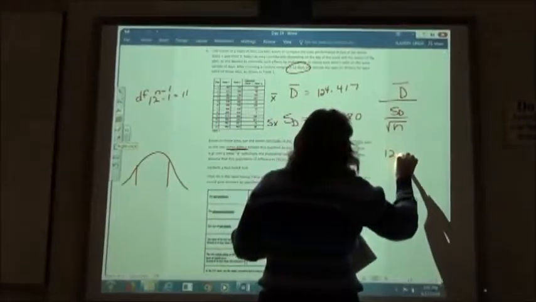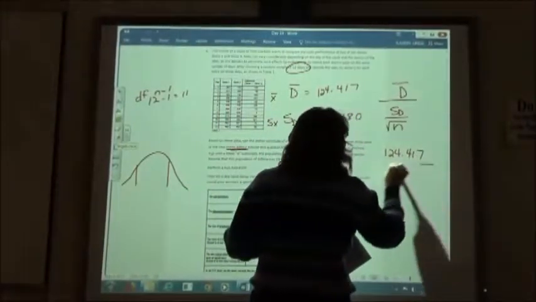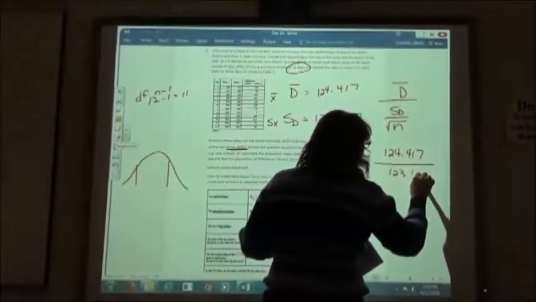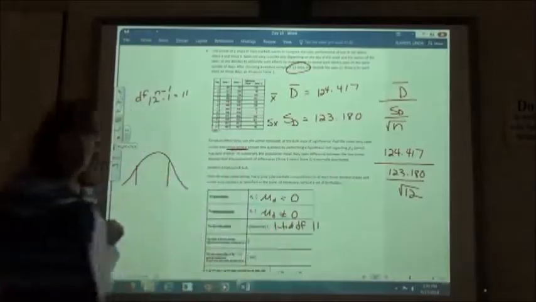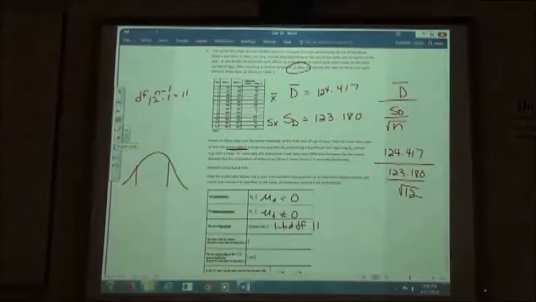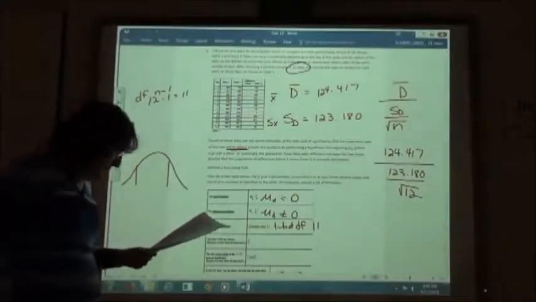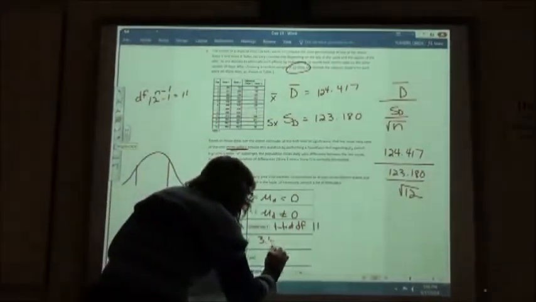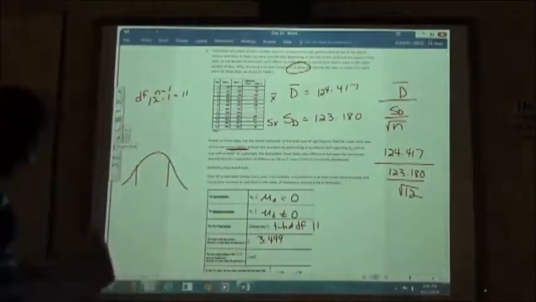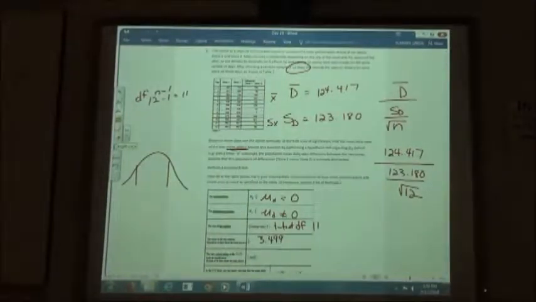So we're going to have our 124.417 divided by our 123.180 over the square root of 12. 12 was the number in our sample, right? 3.499. 3.499 is the value of our test statistic.